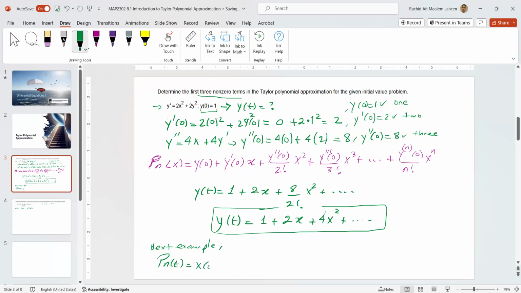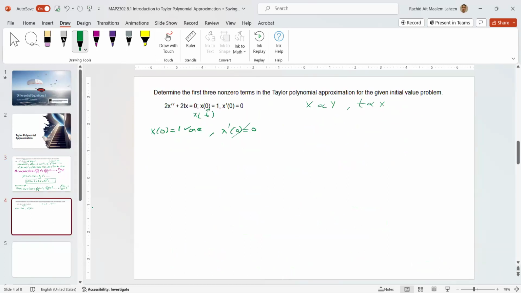What you're looking for is x of 0 plus x prime of 0 times t, plus x double prime of 0 over 2 factorial times t squared, plus x triple prime of 0 over 3 factorial times t cubed, and so forth. So the nth derivative of x at 0 over n factorial, and t to the power n. That's for this example.